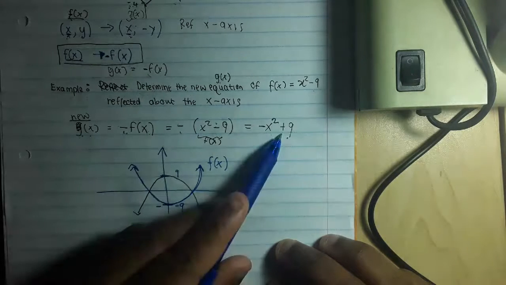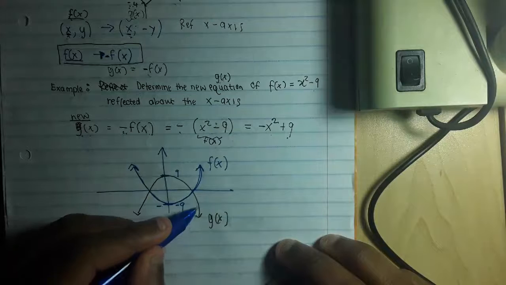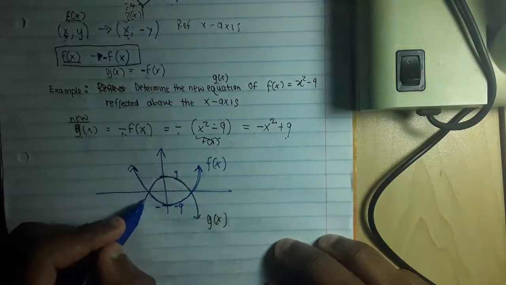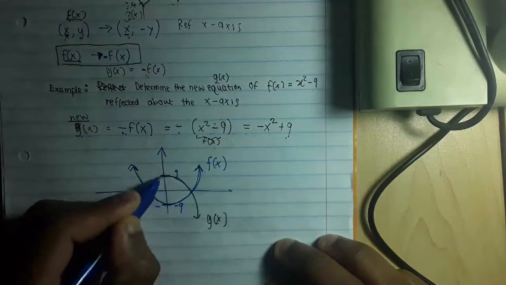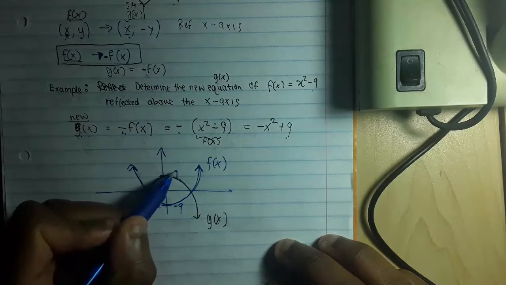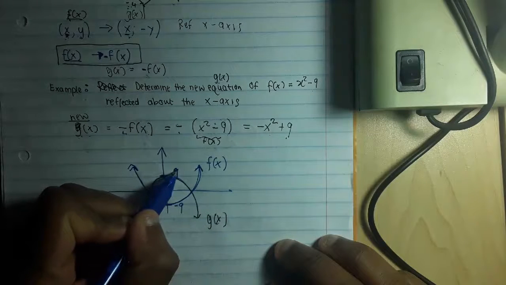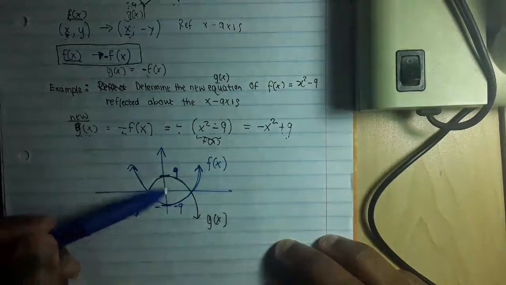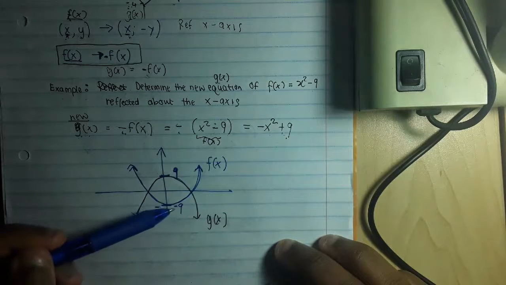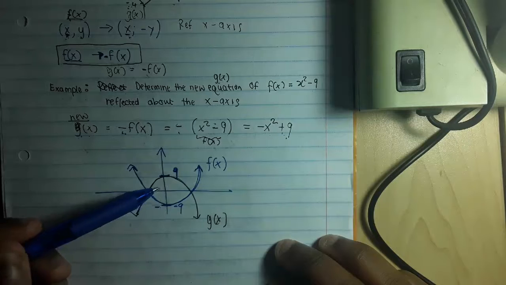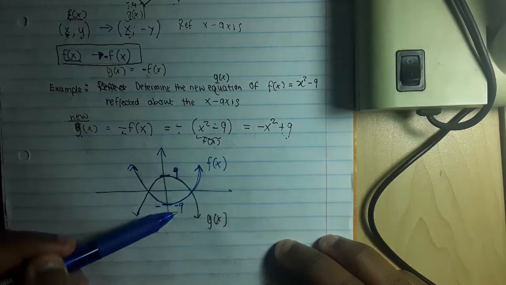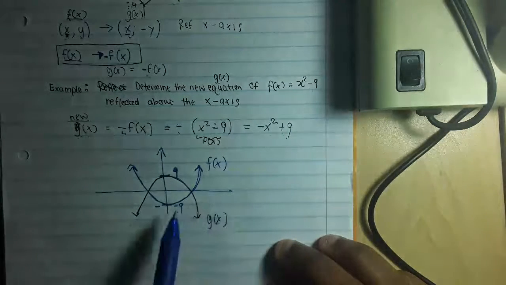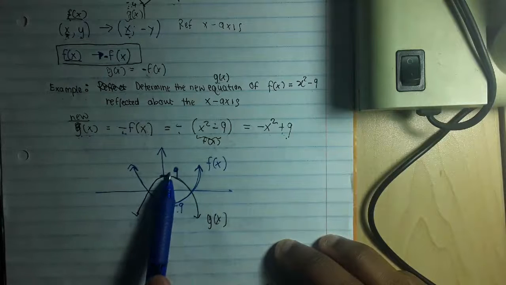Notice that if we draw this new graph, this is how it will look. Now do you see that we have a value of 9 instead for the y-intercept, meaning that only the sign changed, from a negative 9 on the old one to a positive 9 on the new one.